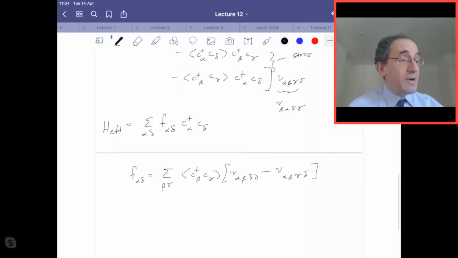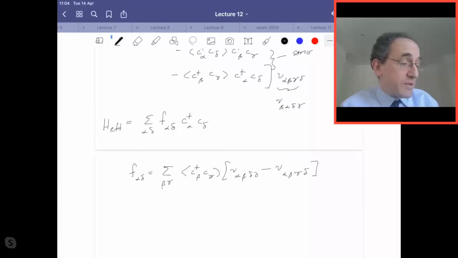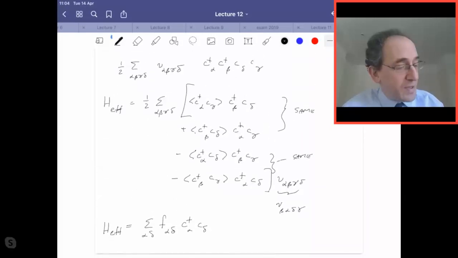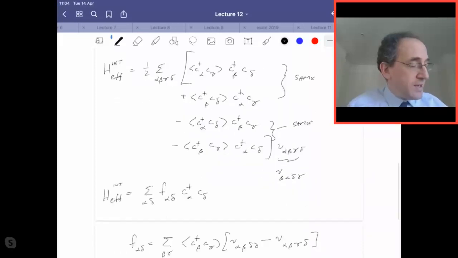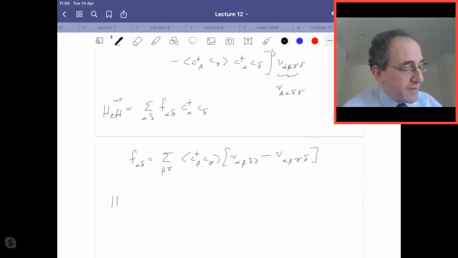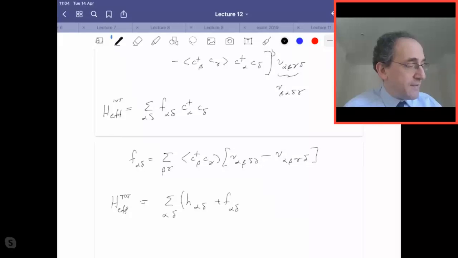So this is now our mean field Hamiltonian, our total Hamiltonian. So this is the effective Hamiltonian, maybe the effective Hamiltonian for the interaction part only. Let me just write that in. So the total effective Hamiltonian, H effective total, is going to have the one-body term, h alpha delta, plus F alpha delta, and then C dagger alpha C delta.